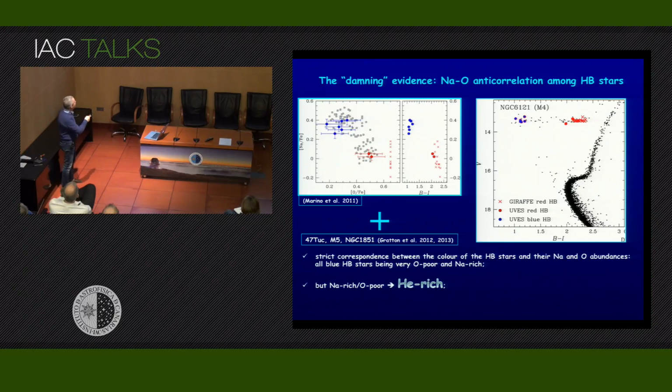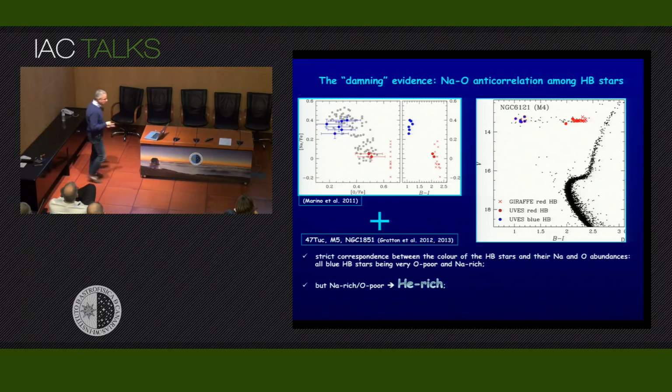The red horizontal branch stars belong to the first stellar generation that should have a canonical helium abundance. This is the correlation. Sodium-rich, oxygen-poor implies some level of helium enhancement, on the basis of nucleosynthesis in stars.